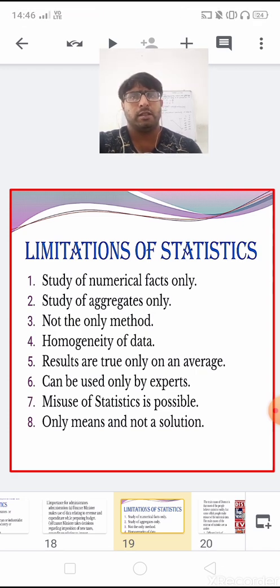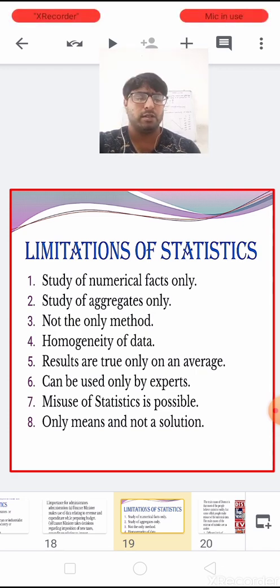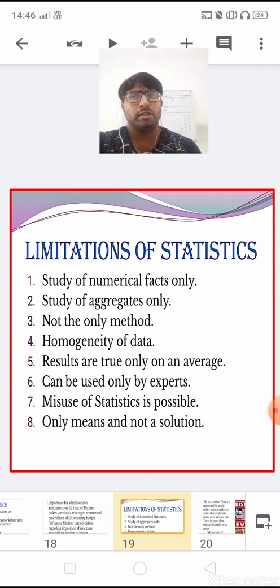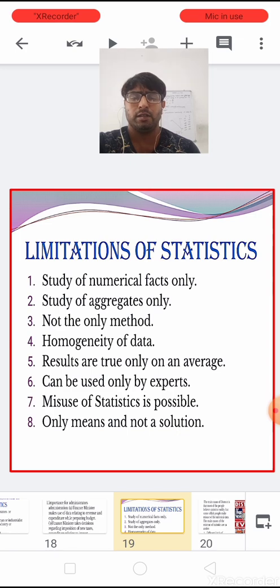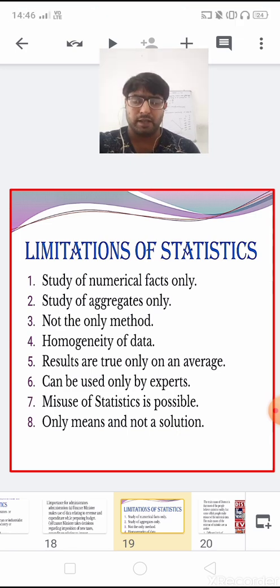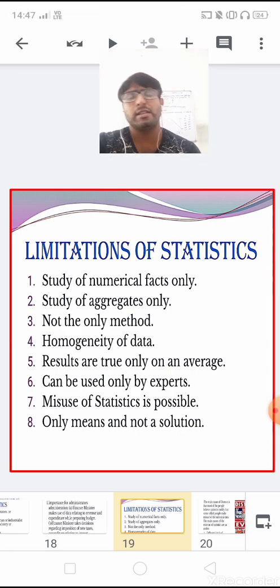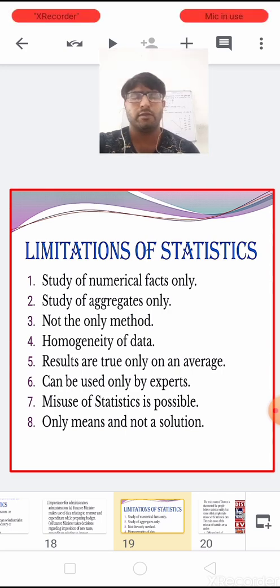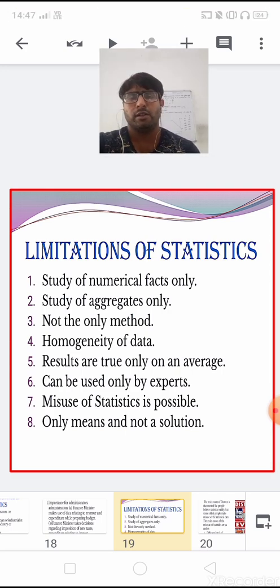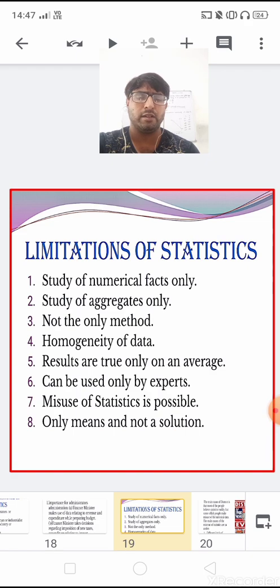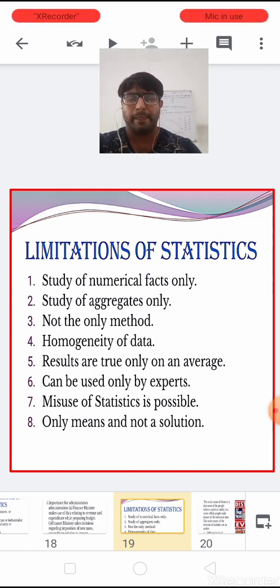The data must be uniform, and it is only a means, not basically a solution. Whatever statistical inquiry we are conducting has a meaning of its own. It is not related to any kind of solution.